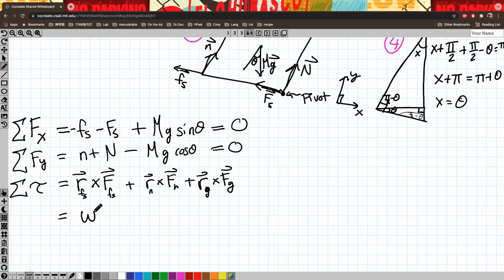Oh wait, that's omega. Sorry. Just W. So it'll be the magnitude of that times the magnitude of the static friction on the back legs.